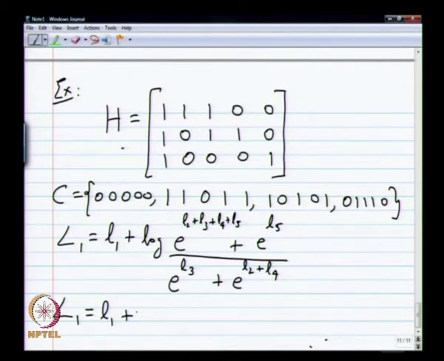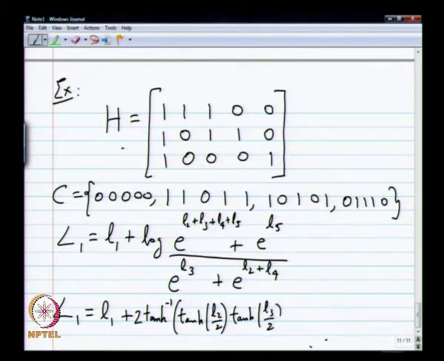So it is going to be 2 tanh inverse of tanh of L2 by 2 times tanh of L3 by 2. So this is an okay approximation. Let me put approximate, because clearly it is not equal.